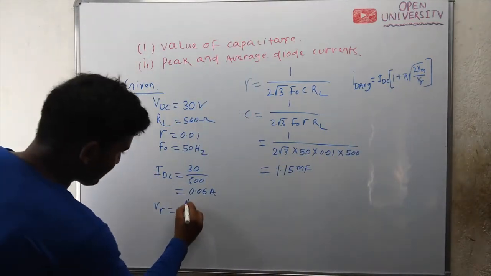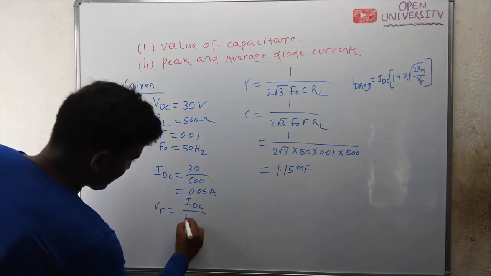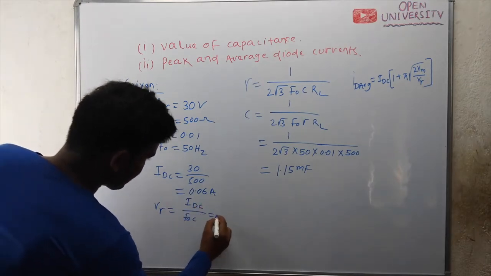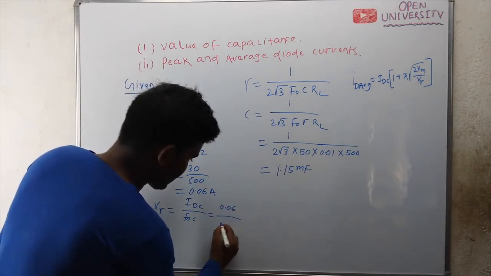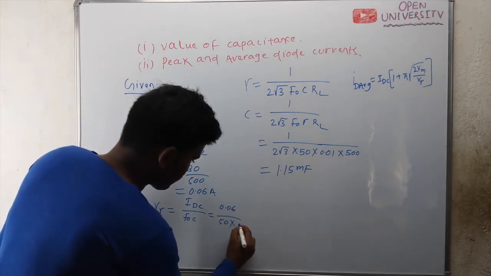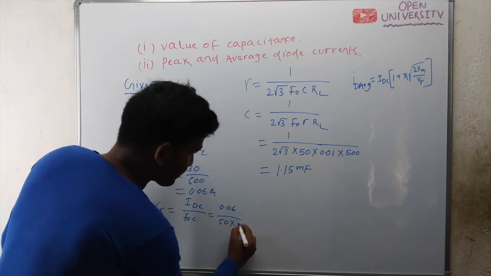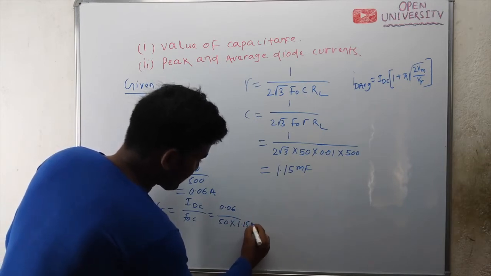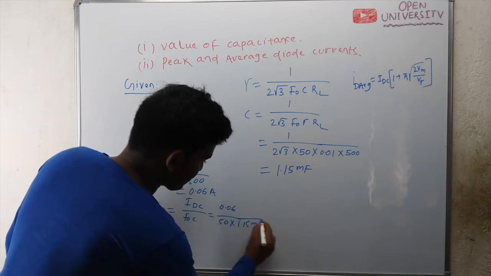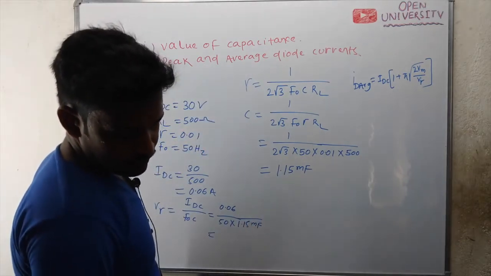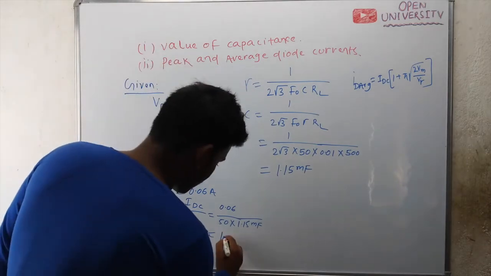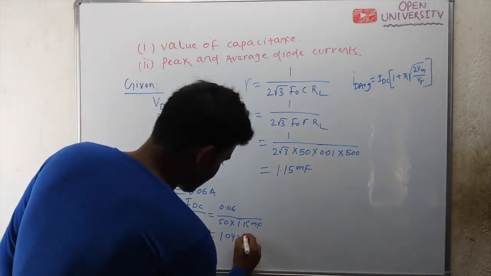VR is IDC by F naught C. IDC is 0.06 ampere divided by 50 into the capacitance 1.15 millifarad. If you calculate, the peak to peak ripple voltage will be 1.04 volt.